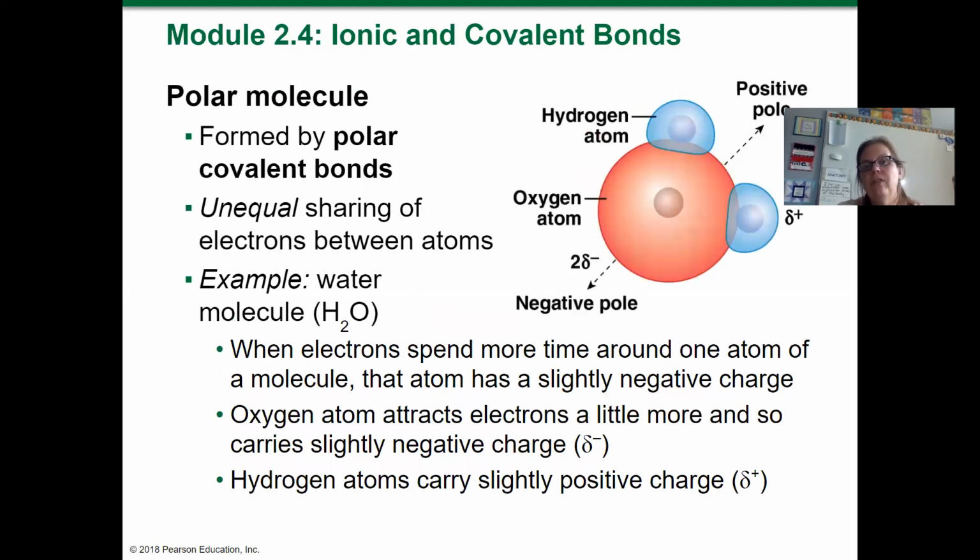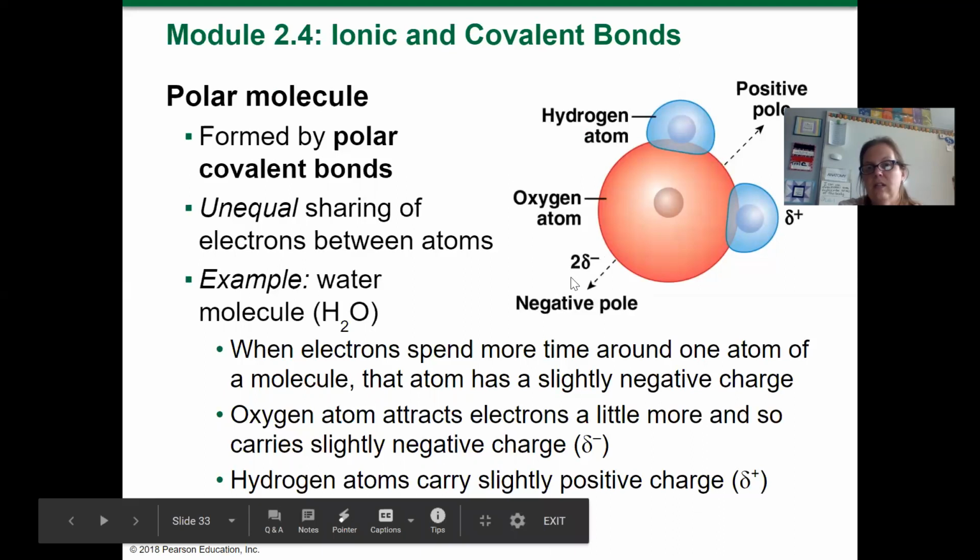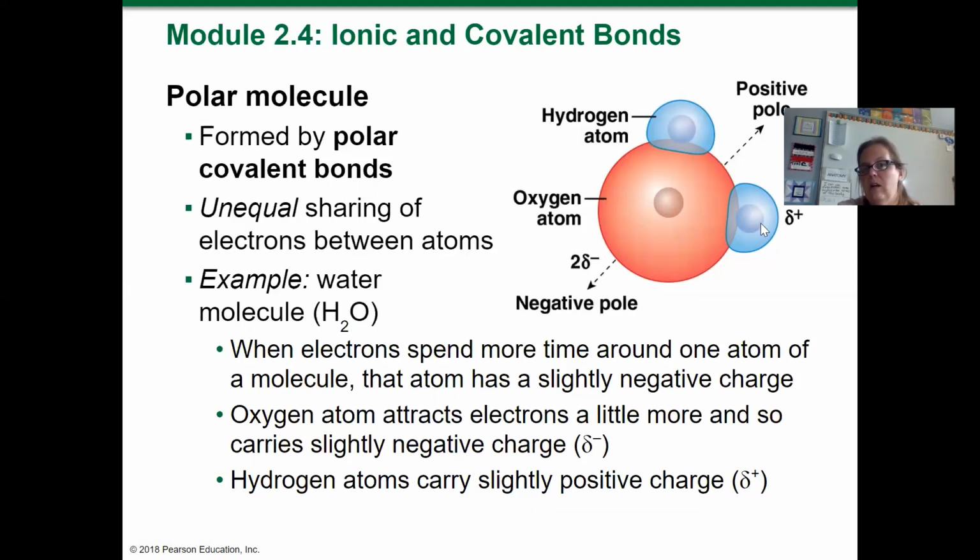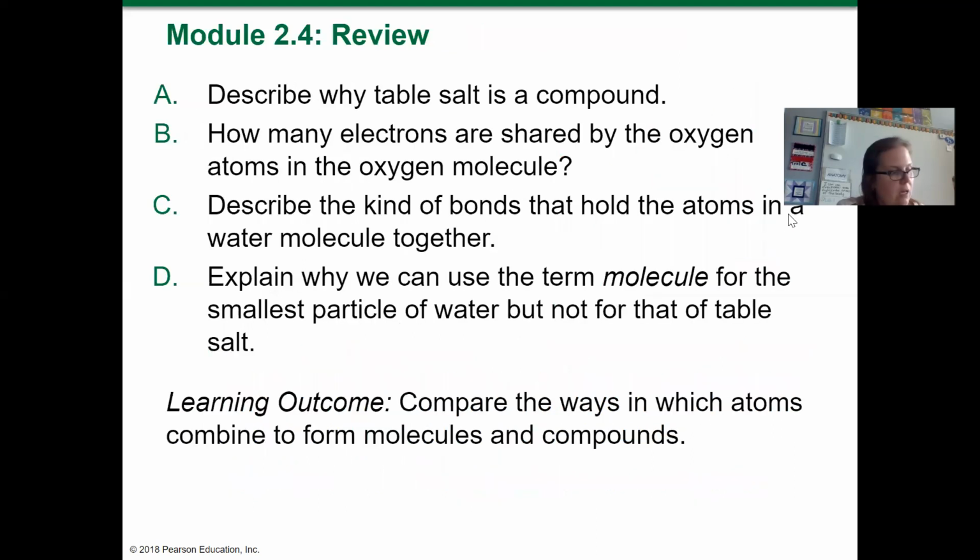Polar molecules are where they are unequally shared. Water is a very common polar molecule. The electrons are unequally shared towards the oxygen atom, so you can see here it has a slight negative charge, whereas the hydrogen atom, since the nucleus is exposed, has a slight positive charge. Okay, go ahead and pause here and review this section.